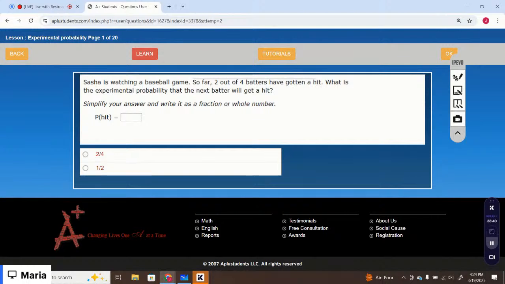Sasha is watching a baseball game. So far, 2 out of 4 batters have gotten a hit. What is the experimental probability that the next batter will get a hit? So, which is the correct option?